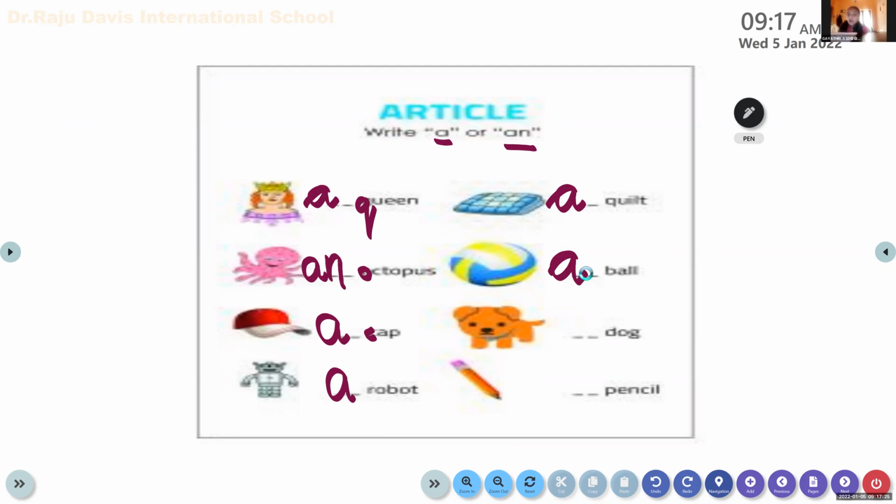Dog begins with which letter? A dog. Very good. Pencil, so it is a pencil. Yes, a pencil. Have you all understood? Yes. Now let's move on to the exercise.